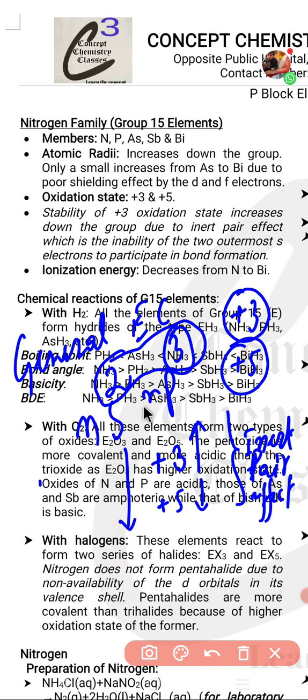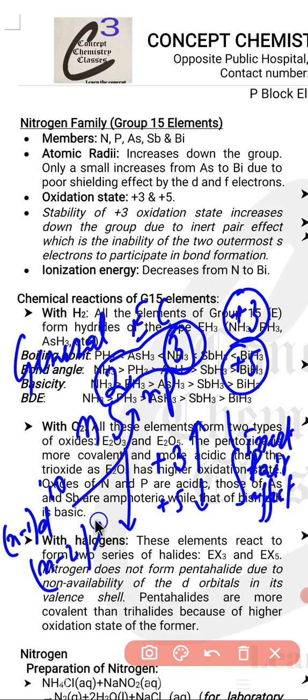Between this ns and np, there come (n-1)d10 and (n-2)f14 in some cases, in case of bismuth. These electrons do not shield the ns electrons well.